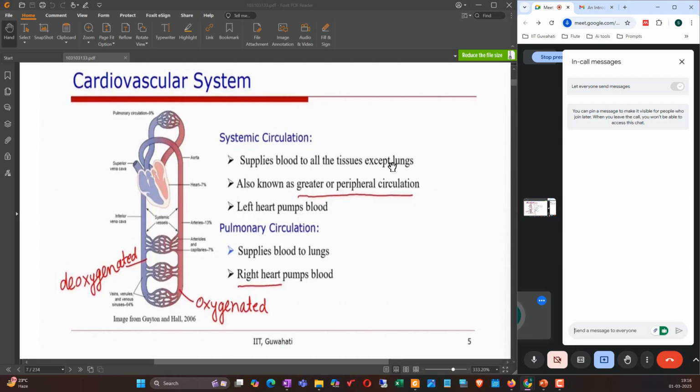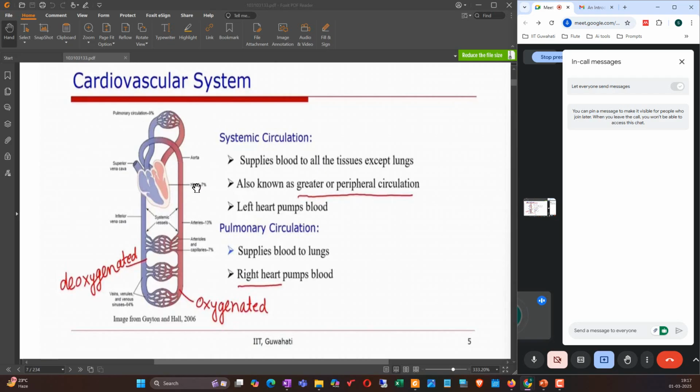If you see this, the heart holds 7% of the blood, arteries 30%, arterioles and capillaries 7%, and the veins, venules and sinuses 64%. And 9% is the pulmonary circulation.